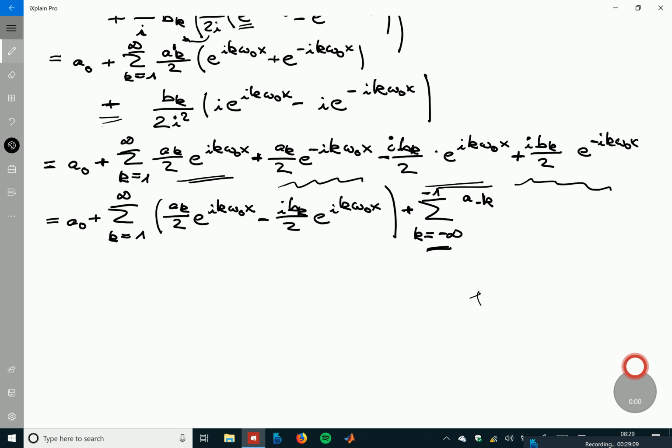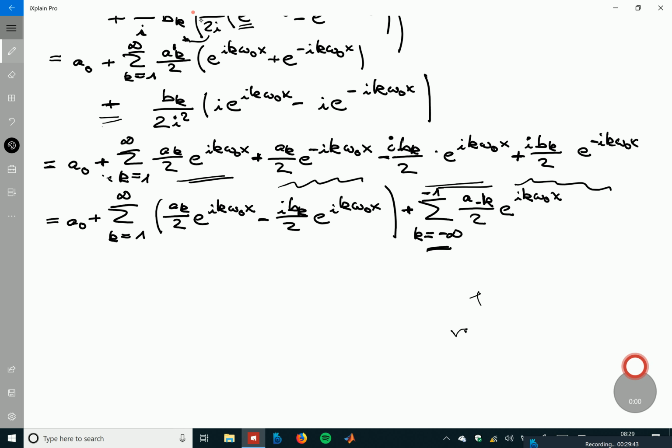And the same thing applies to what we have in the exponential. Here we now put in k omega_0 x. Here we had minus i k omega_0, and now we have k, but the k is a negative number. So just to say it again, here the k is positive and goes over the integers, so 1, 2, 3, 4, 5, 6, 7, 8, and so on.